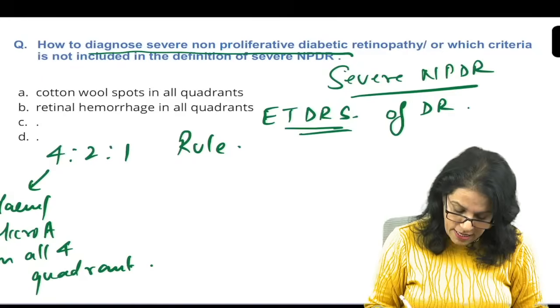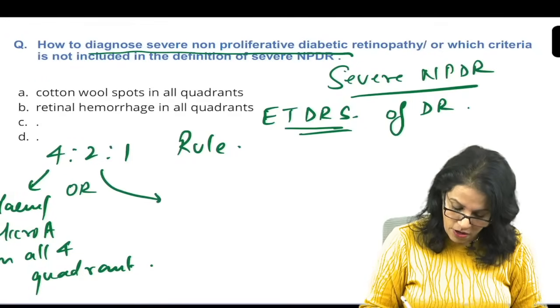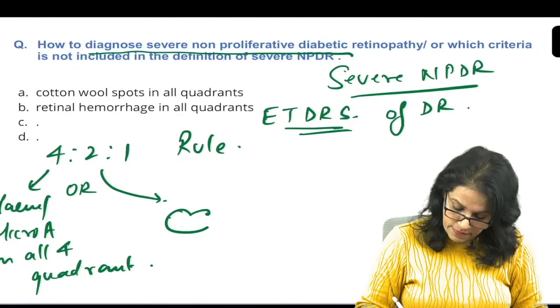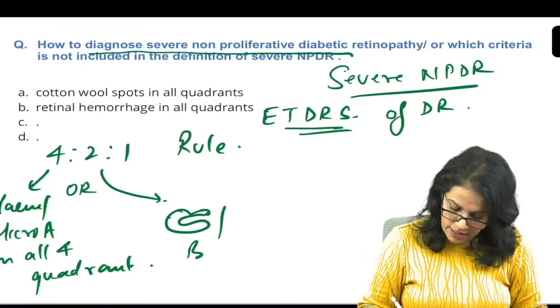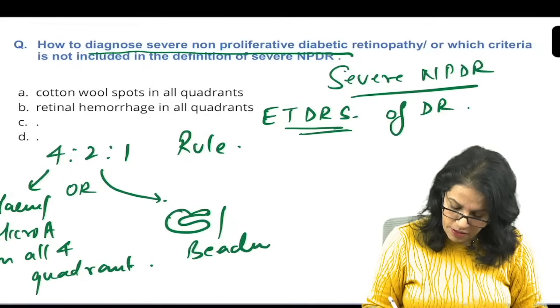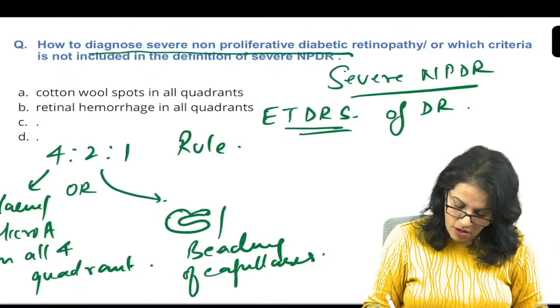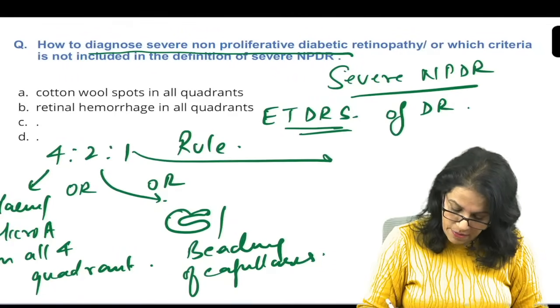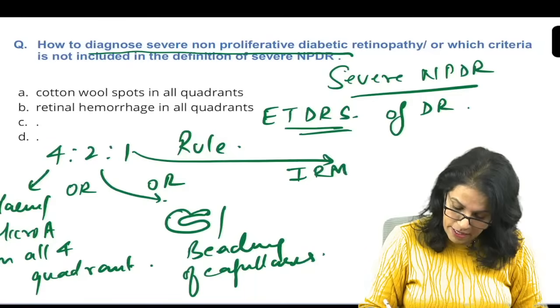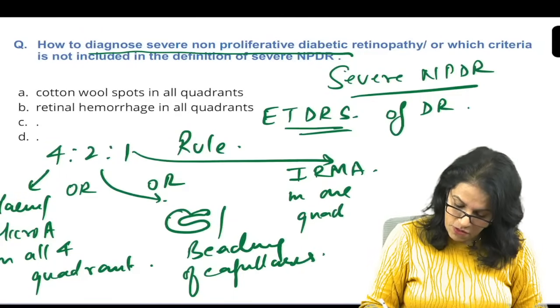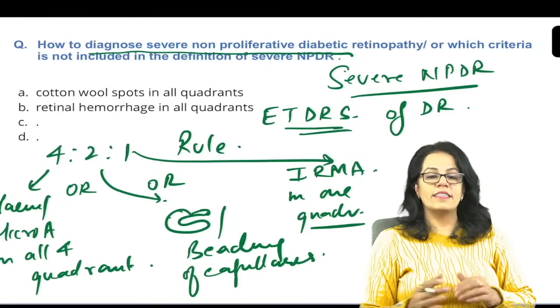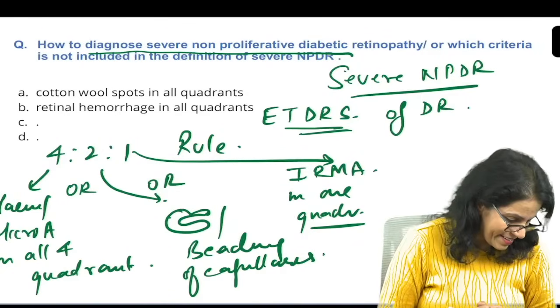That is one criteria. Or looping and beading. So I've just made the figure between looping and beading of capillaries in 2 quadrants, or IRMA. What is IRMA? Intraretinal microvascular abnormality in 1 quadrant. So you will please study this ETDRS classification as well.